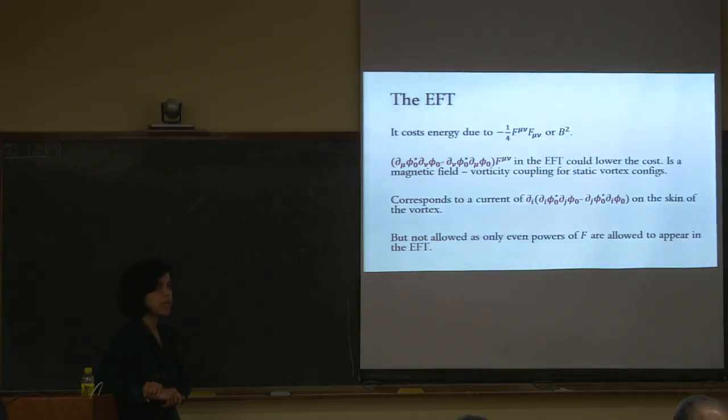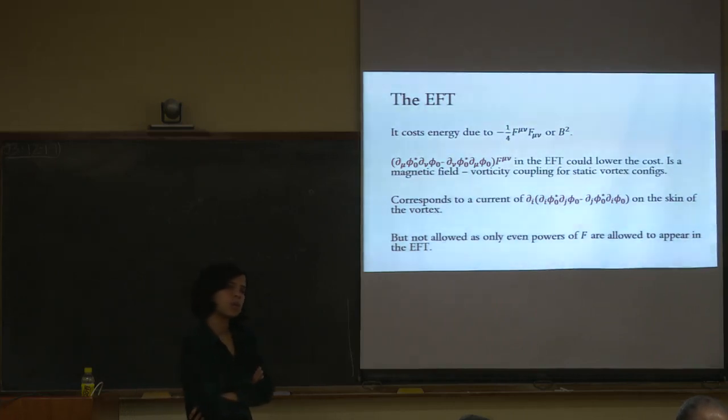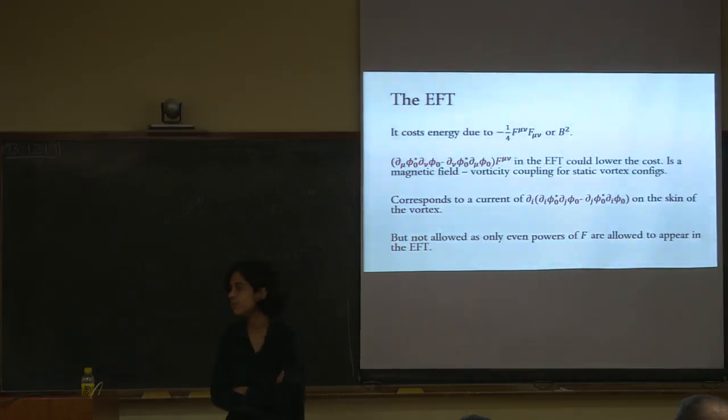I put a solenoid there. Then this term will exist. No, I don't think so. It's because you only have even powers of it. But I'm saying if I put an external magnetic field, I explicitly broke the A to minus A symmetry. Right? No, I don't think that's going to do it.